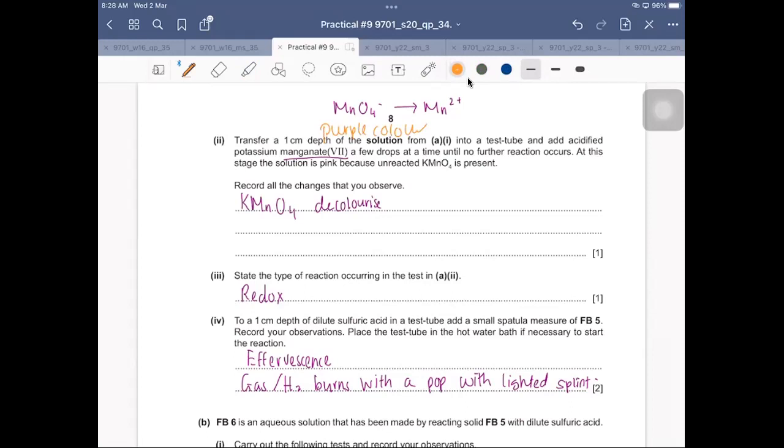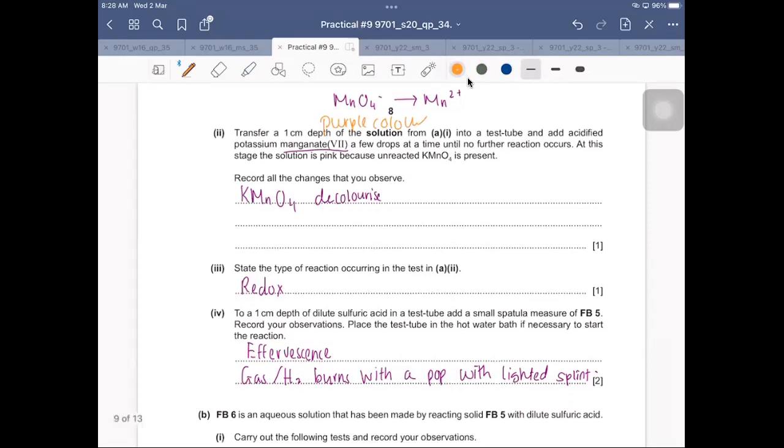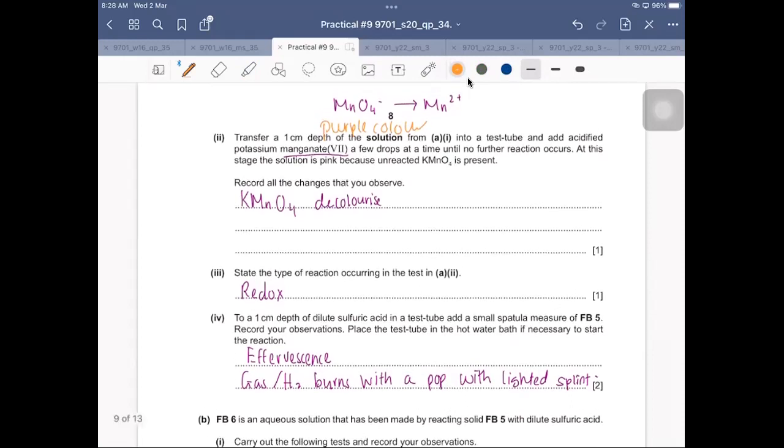Because that's not a change. Of course, manganate turning to manganese Mn2+, it becomes colorless. This is the redox reaction. Okay, that means your manganese has been reduced to Mn2+.